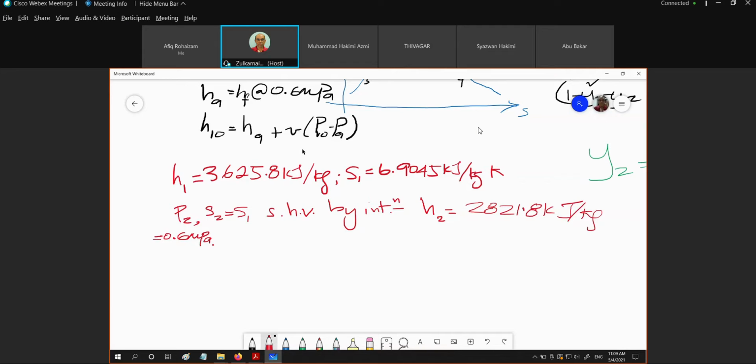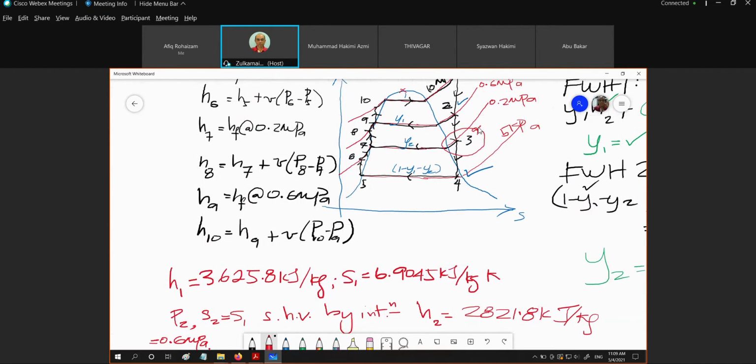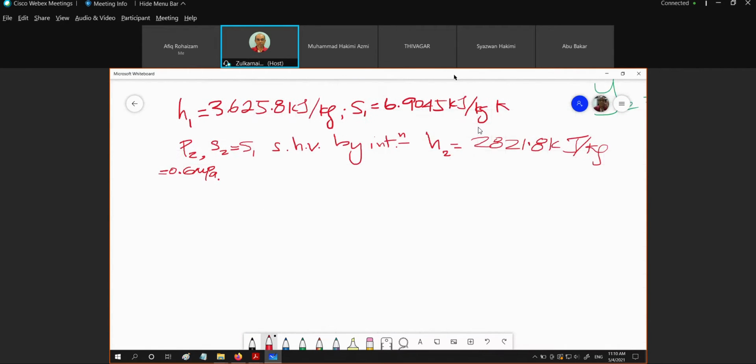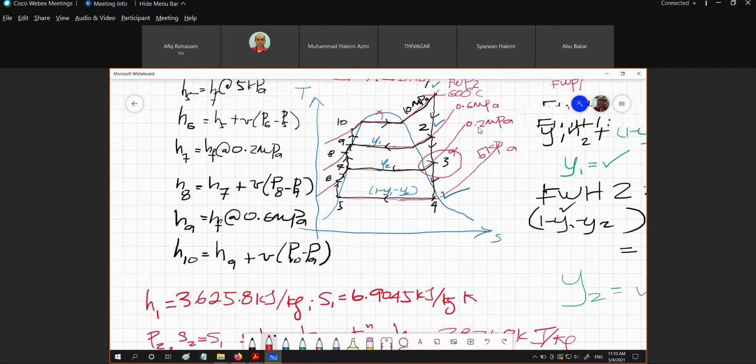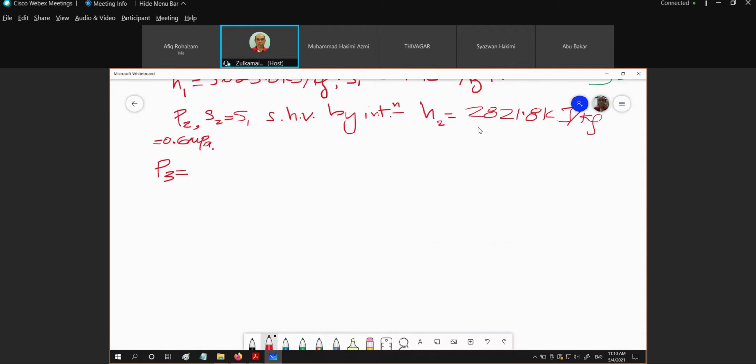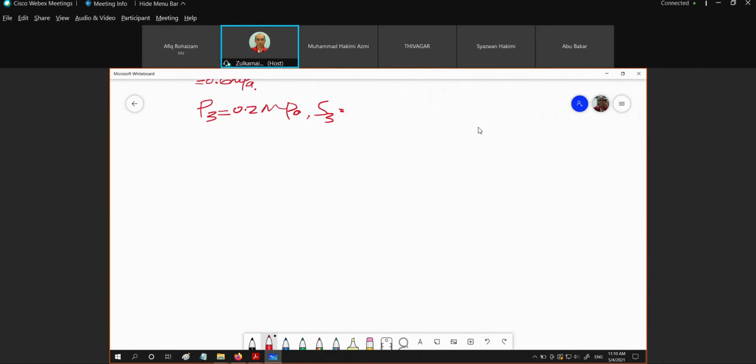Next will be H3. To get the H3, we get the P3, which is equal to 0.2 megapascal, and S3 is equal to S1, the same value, 6.9045.